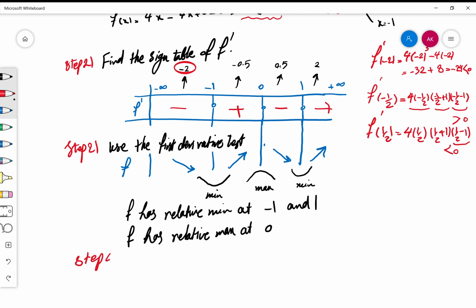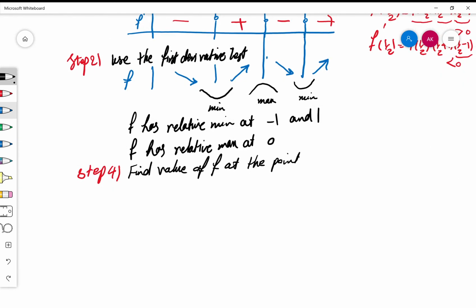So that's test 1, the first derivative test, and then we get the nature of critical points. But the last step, we have to find the value of the function at the points. In other words, if I want to write f at negative 1, which is equal to what?